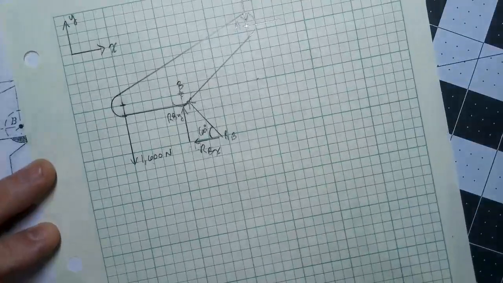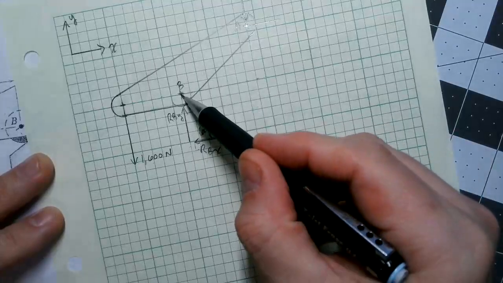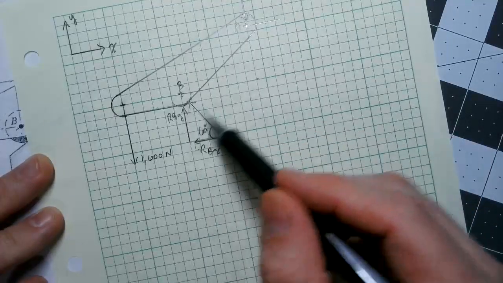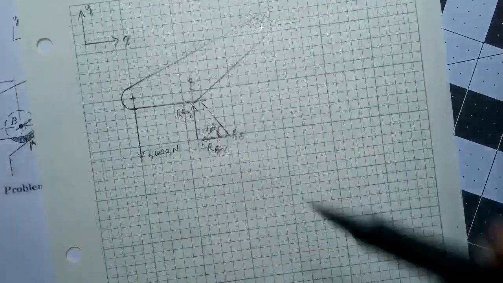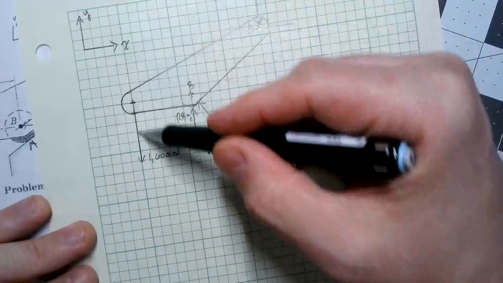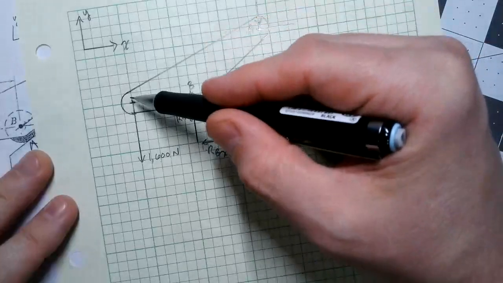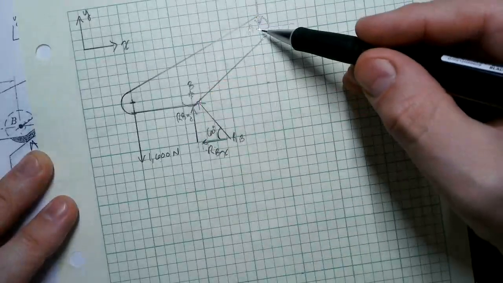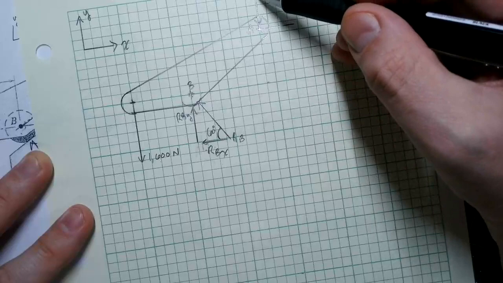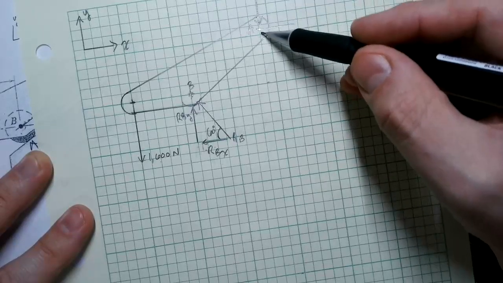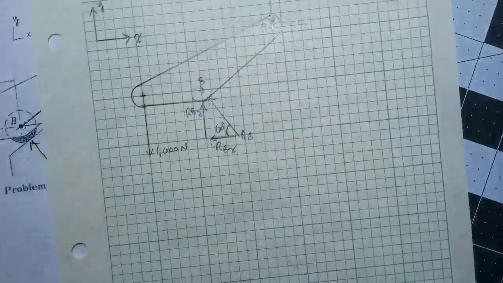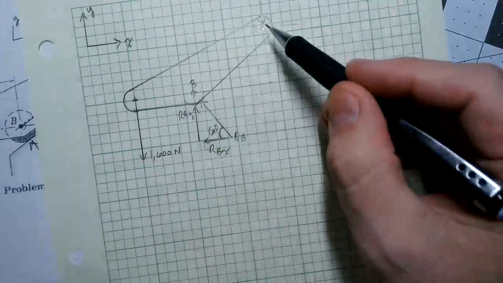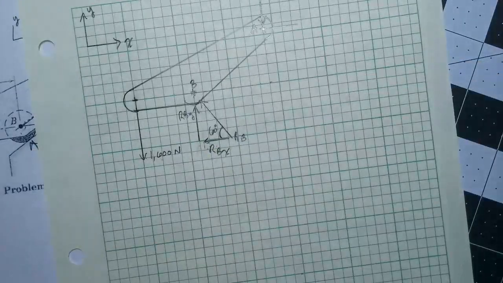If we take moments about point B, these forces cancel out because there's no distance from B. You would have this force trying to rotate the body counterclockwise, and therefore the reaction at point A would have to be trying to rotate the body clockwise. So they have to counterbalance each other. That's how we know A is going down.